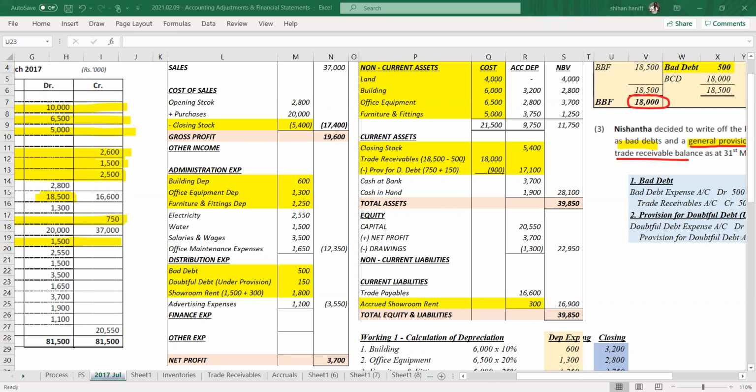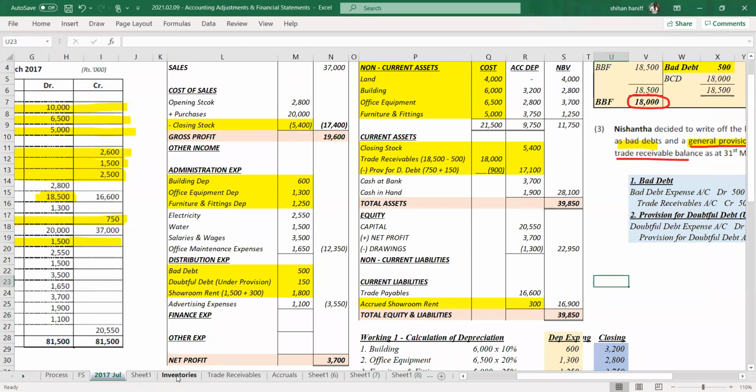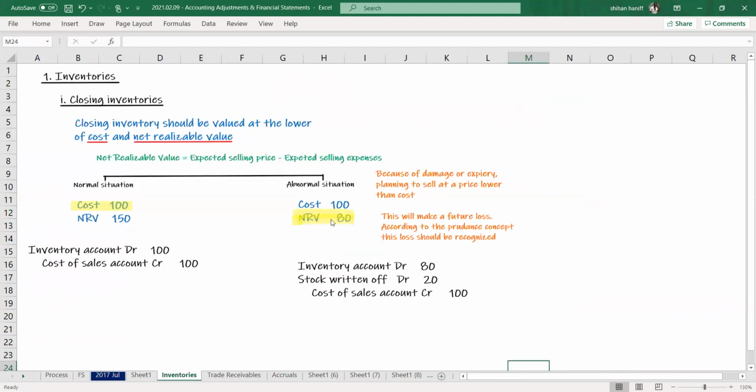Okay, so shall we move to the next part? Right. Then I will explain the closing adjustments one by one. So you can write the summary note.